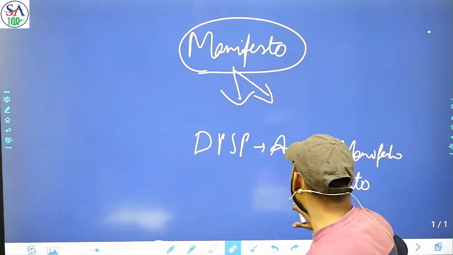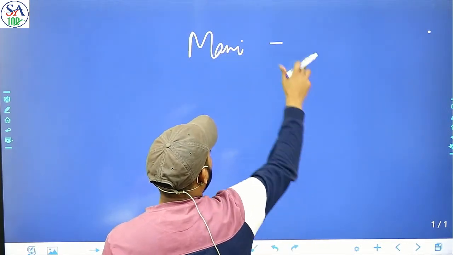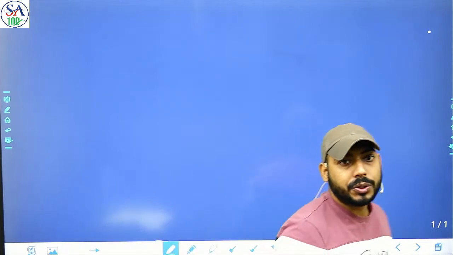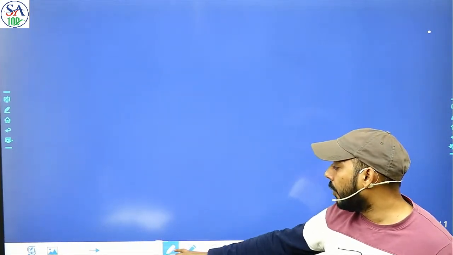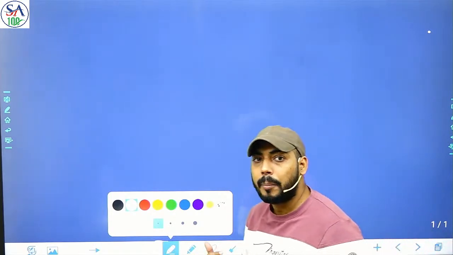Before starting the socialist principle, you need to understand the meaning of the word socialist. We are not going in deep because we have already discussed it many times.